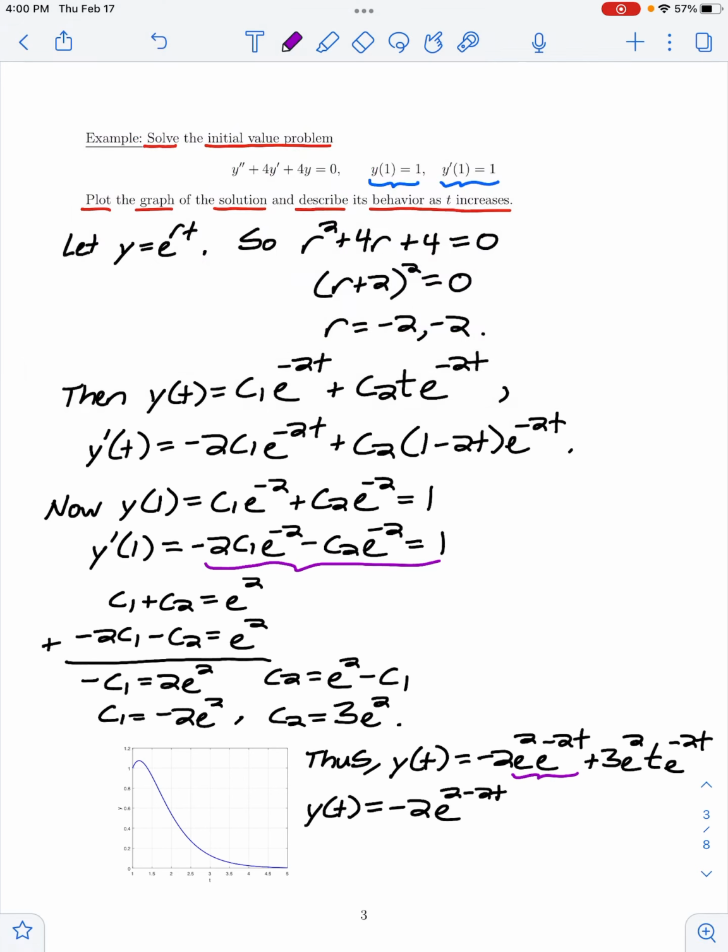And doing the same thing for my second term, I can group my e squared and e to the negative 2t, leaving me with 3t e to the 2 minus 2t power. Or if we prefer, we could factor out that common exponential, e to the 2 minus 2t power, and we're left with negative 2 plus 3t.